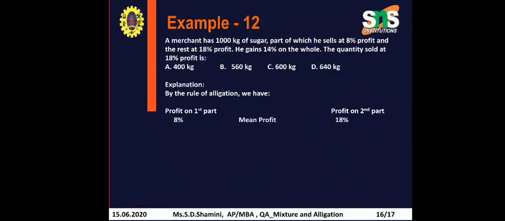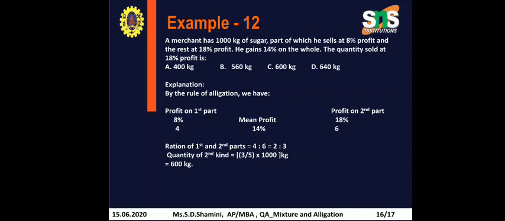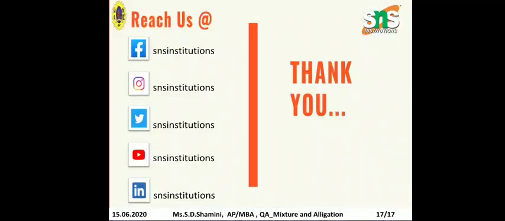So the profit is 8% and 18%, and the mean profit is 14%. So 18 minus 14 gives you 4, which is at the bottom left, and 14 minus 8 gives you 6, which is at the bottom right. So the ratio is 4:6, which is 2:3. So the quantity of second kind is 3 divided by the total portion 5 into 1000, which gives you 600 kgs. So the correct answer is option C, 600 kg.